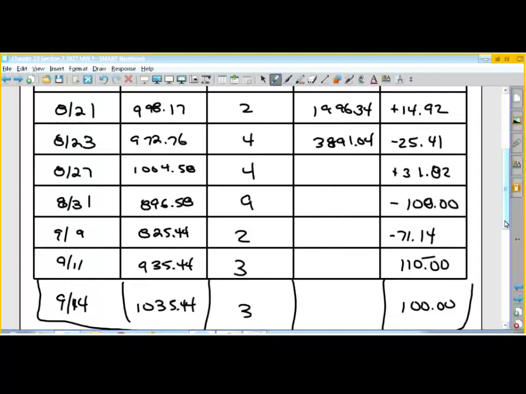And again, you can see this is where a spreadsheet would be nice to do all this stuff. But it's good to see it actually done manually. Again, I'm just multiplying that times that.